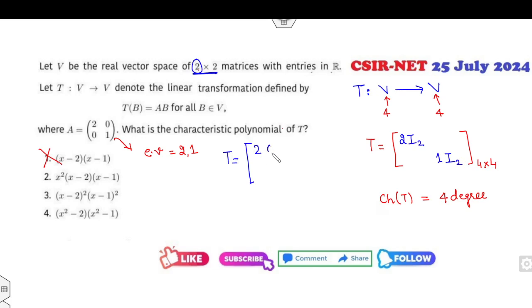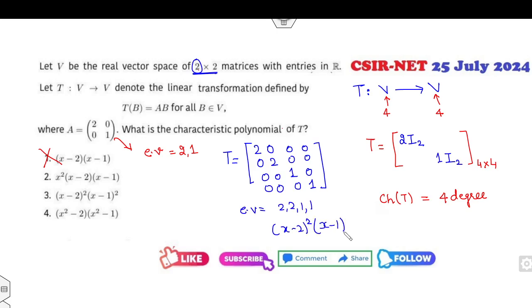It will be 2002 and 1001. Rest values are my 0. Fine. Now can you find the eigenvalues? Eigenvalues are 1, 1. So what is the characteristic equation? Fine. So C is my right answer.